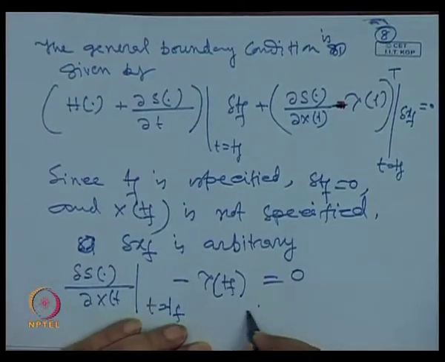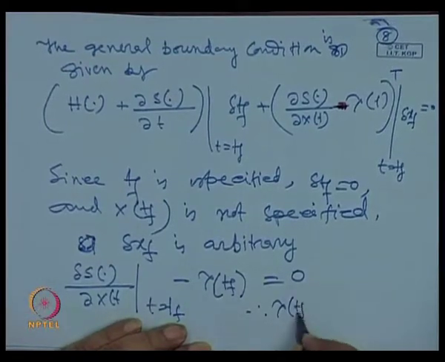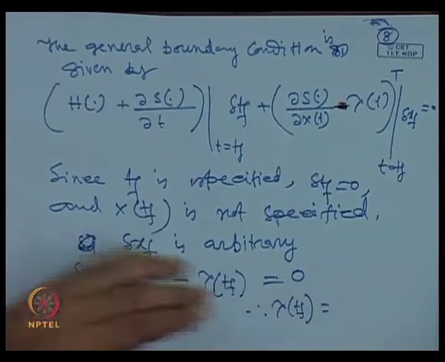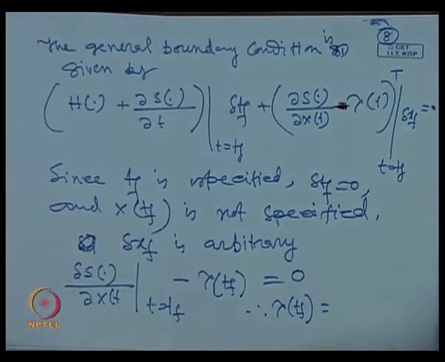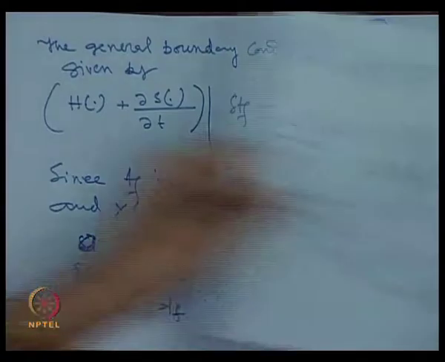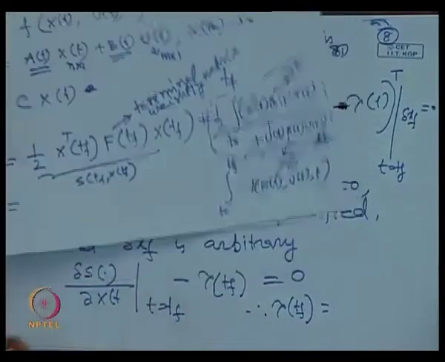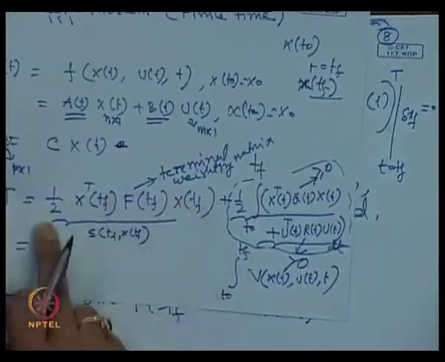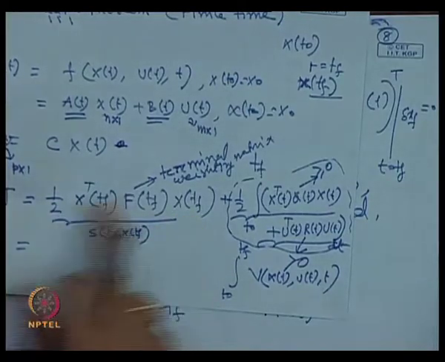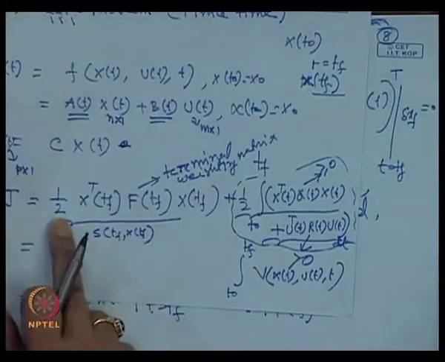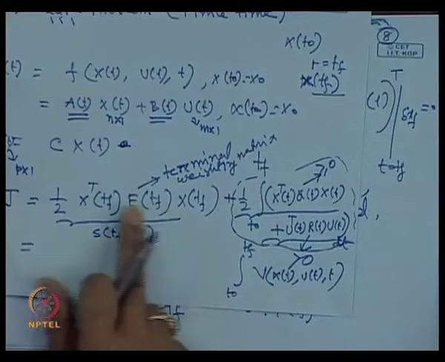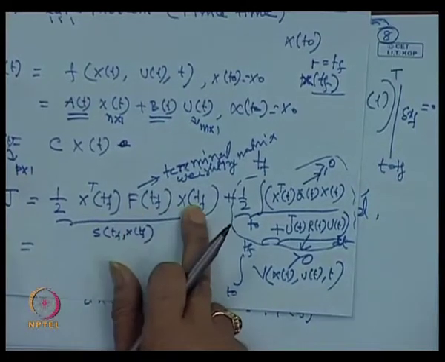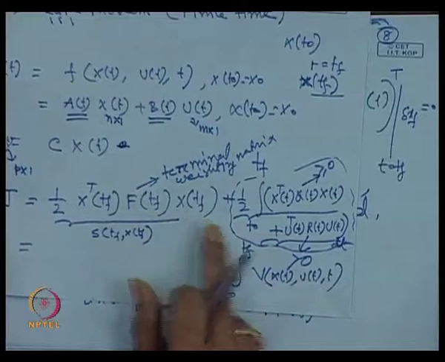So, therefore, we can write x of T f: if you differentiate the S term with respect to x and put t equal to T f, what we will get is twice F x of t at t equal to T f.